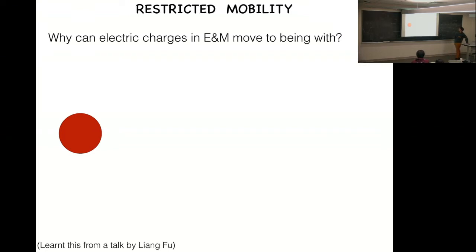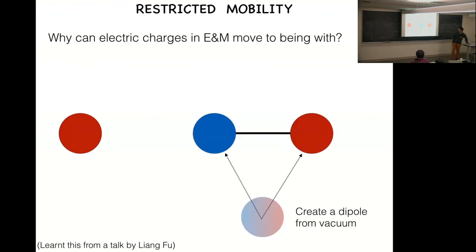In E&M, or not even in E&M, if you have charged matter, every particle is charged, and one way to understand why a particle can move from left to right is to imagine that you use the charge conservation. You pull out of the vacuum a neutral object, so you don't violate any conservation law, and this object can take the form of a dipole.